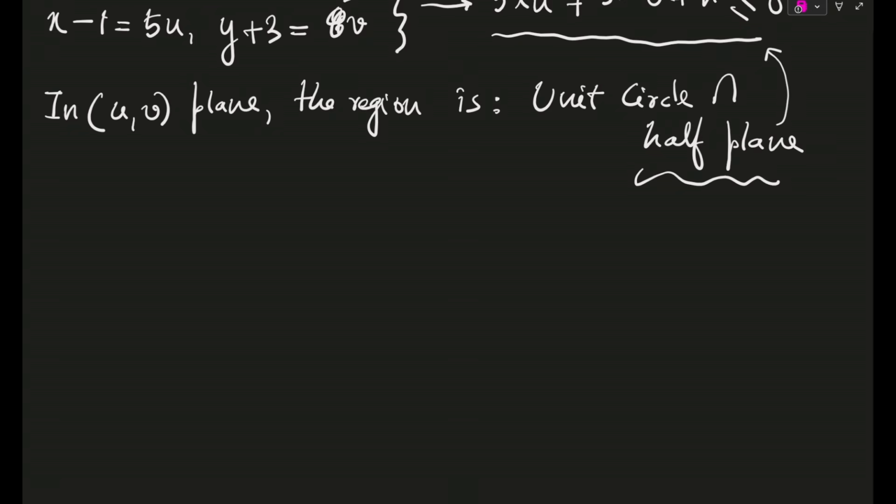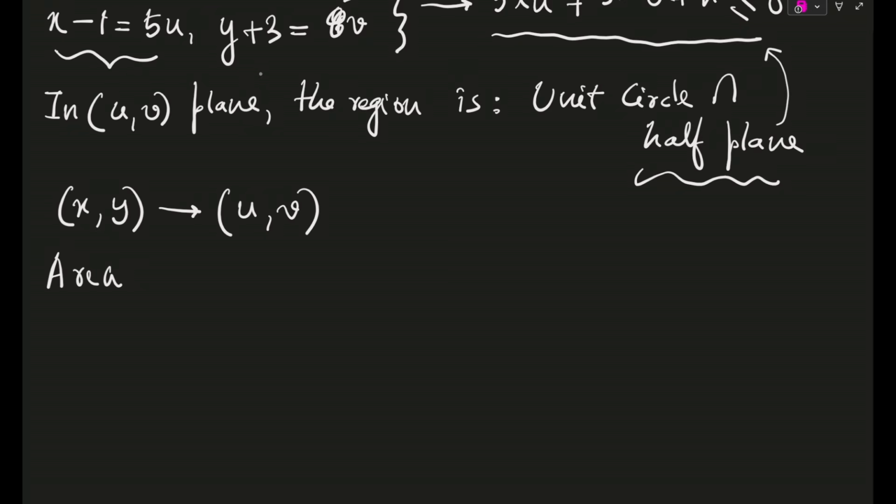In the next step, before proceeding, because there is a transformation that has taken place in the coordinate axis from the xy coordinate system to the uv coordinate system, many things have changed, and one of the things that have changed is the area. Basically, in the xy plane, if you notice, x minus 1 is equal to 5u and y plus 3 is equal to 3v.